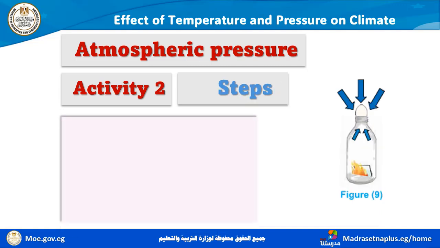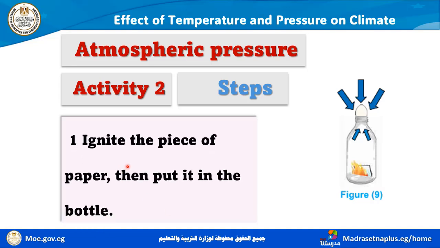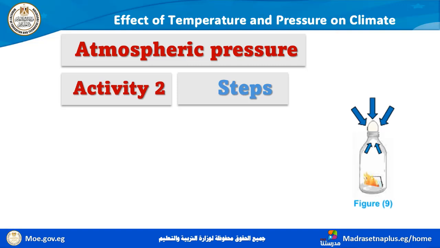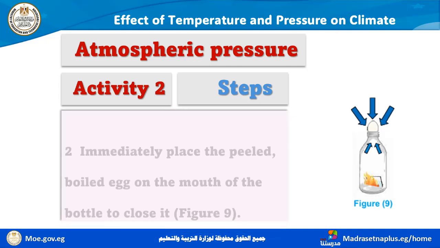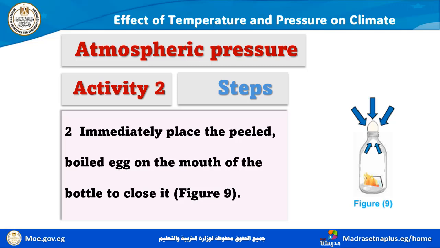In our experiment, we will start by igniting the piece of paper, then put it in the bottle. Our second step, we will do it immediately and very fast. We will immediately place the peeled boiled egg on the mouth of the bottle to close it.